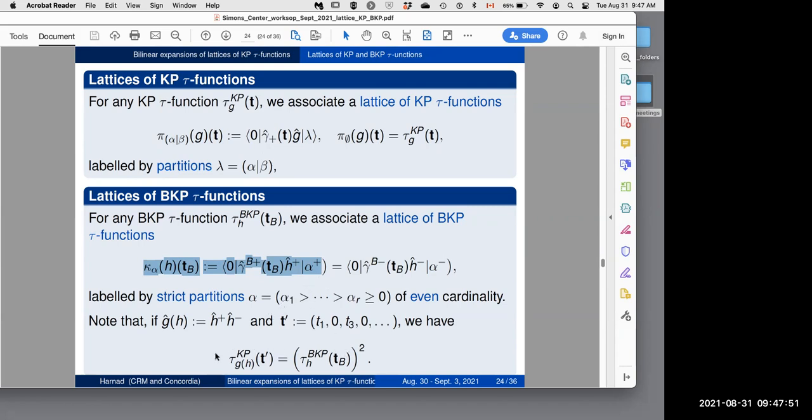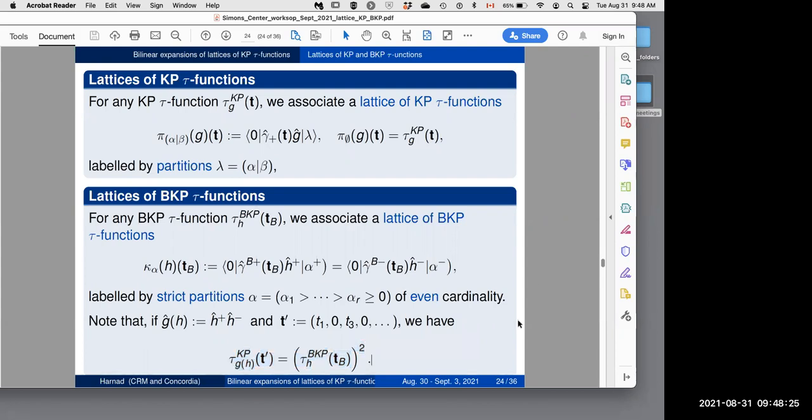A standard result, which goes back to 1980, is that if you take any BKP tau function, tau_H^BKP, and square it, remembering that the t_B are just the odd flow variables, and you replace that by a sequence t', which is the same variables with zeros interlaced, that is a KP tau function. That's a well-known result, relating BKP with KP.